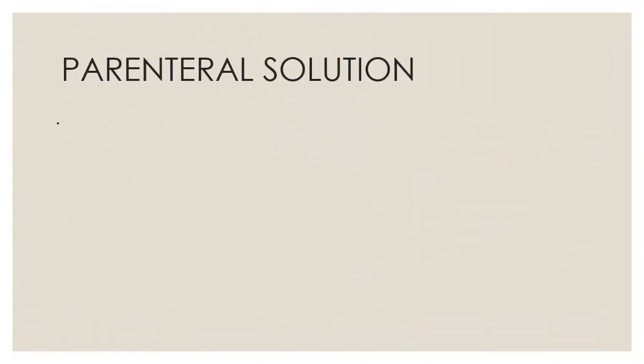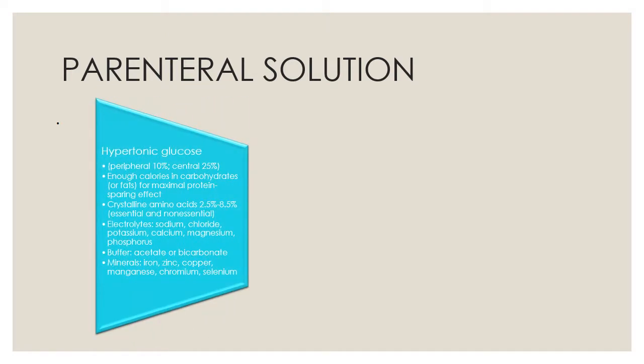When the patient requires intensive nutritional support for an extended time, the healthcare provider prescribes centrally administered parenteral nutrition. An example, TPN. It is a hypertonic glucose. Peripherally about 10%, centrally 25%. There are enough calories in carbohydrates or fats for maximal protein-sparing effect.